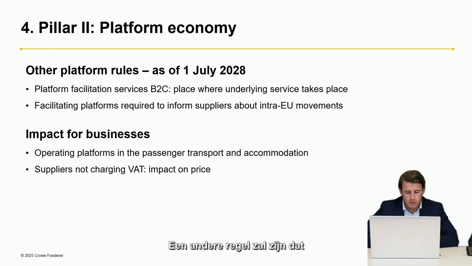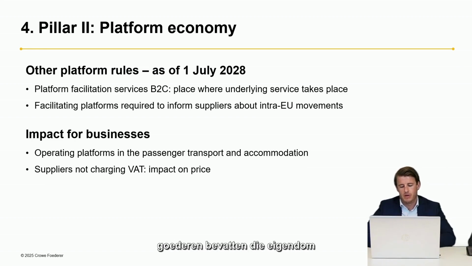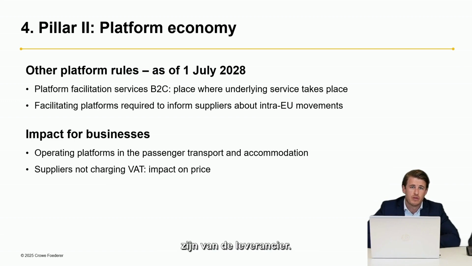Another rule will be that platforms facilitating supplies of goods and which hold goods owned by the supplier will be required to inform the supplier if the goods will be moved to other EU member states.